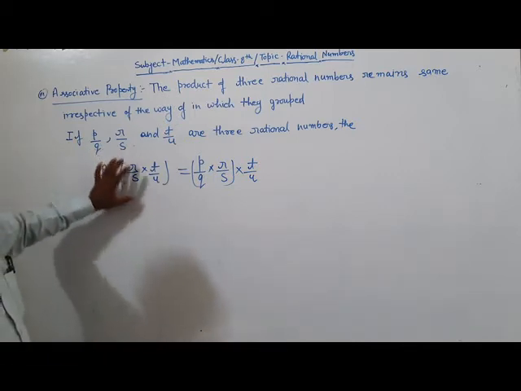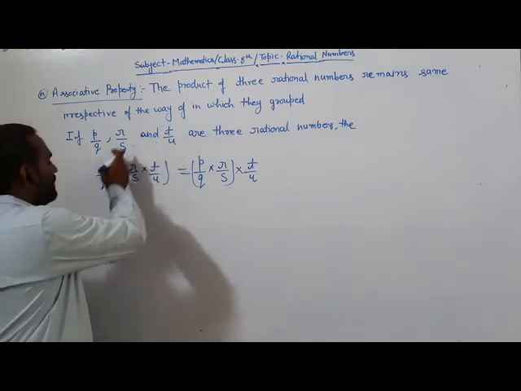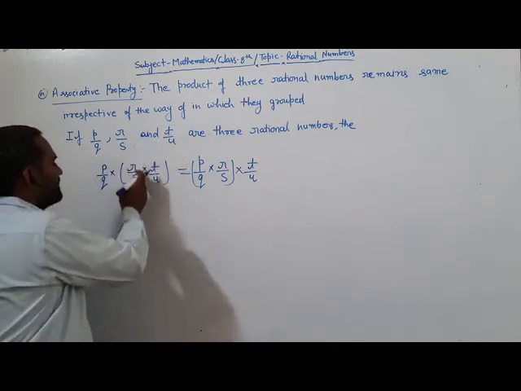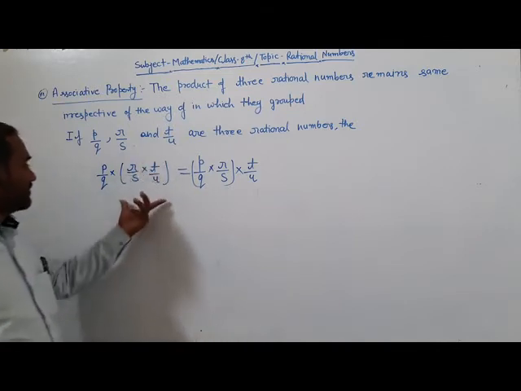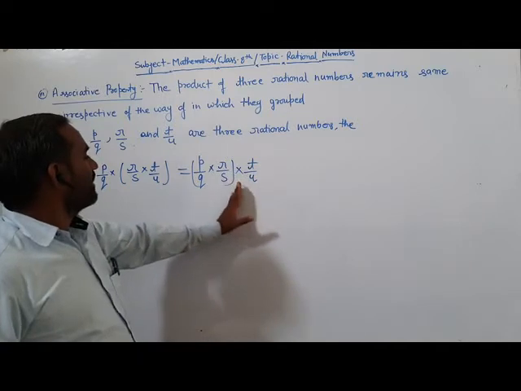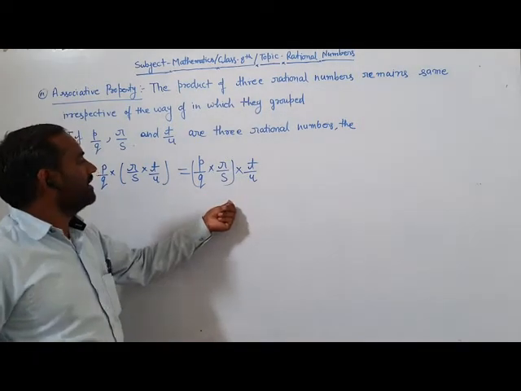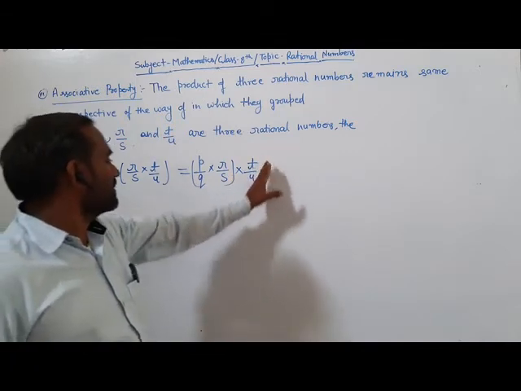Here, on the left hand side, the group of R by S and T by U is grouped. Here the first rational number and second rational number are grouped, so the product of the first and second rational numbers will be multiplied with the third rational number.